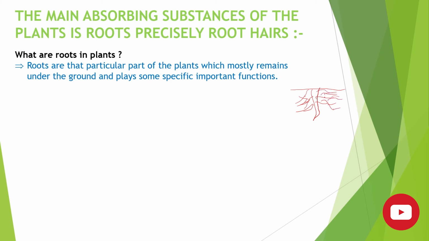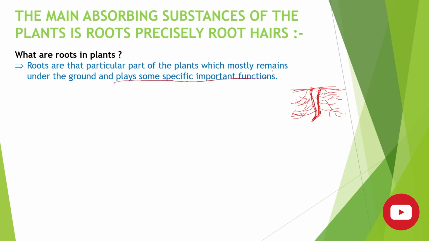We just saw in the previous slide the diagram which showed a root system, the parts of roots, and this is the part of the plant under the ground. Why does this stay under the ground? Because it has to play some specific important functions.